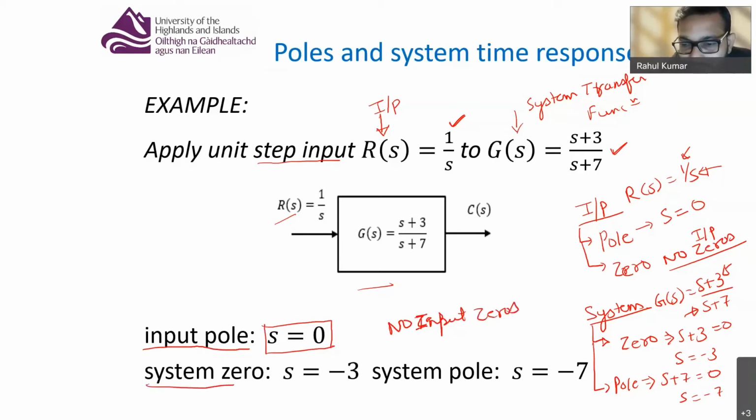The system zero will be at s equals -3, and the system pole will be at s equals -7. Okay, so I have found the values of poles and zeros for both input and my system.